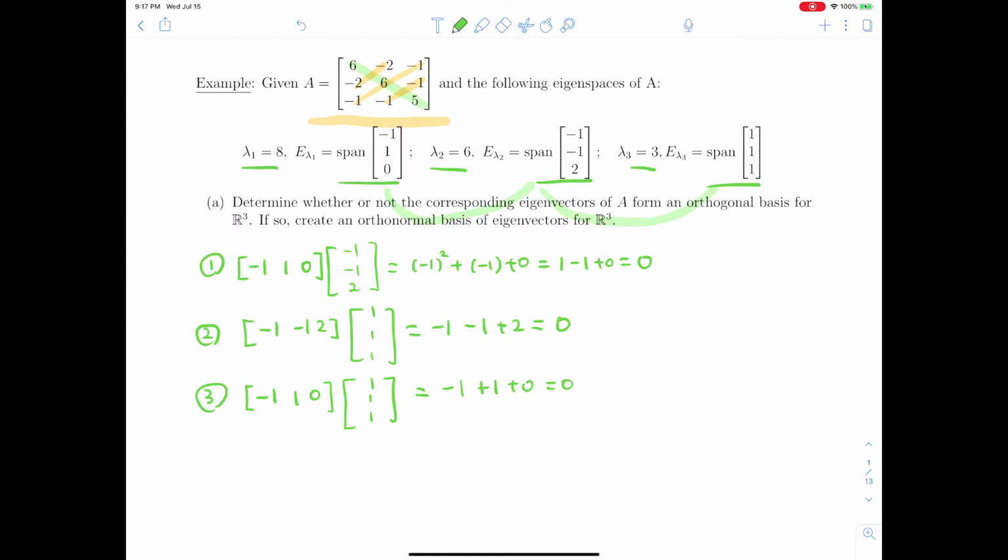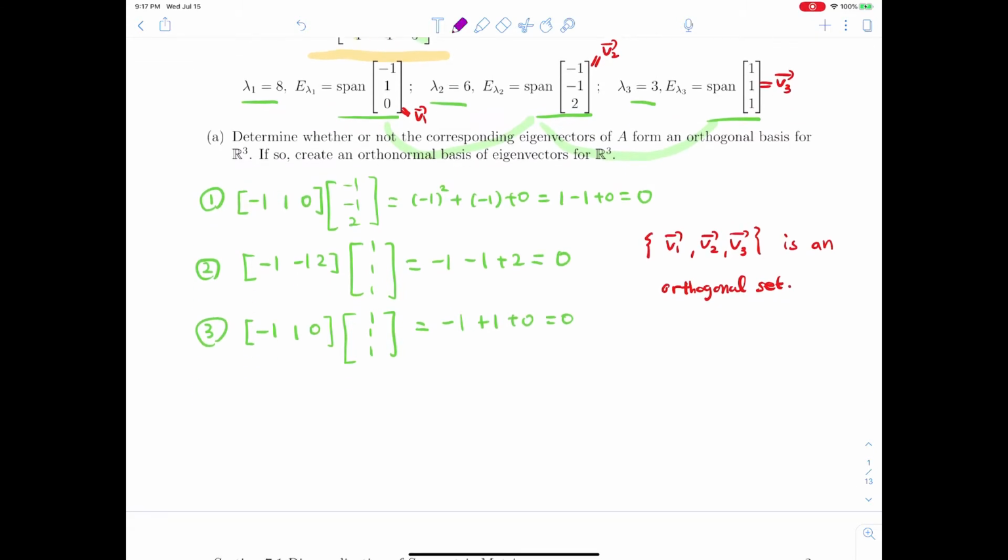So this tells us that if you take vectors from different eigenspaces, say this vector is v1, this one is v2, and this one is v3, then v1, v2, and v3 form an orthogonal set. Using that, if you normalize each vector, then we get an orthonormal basis.